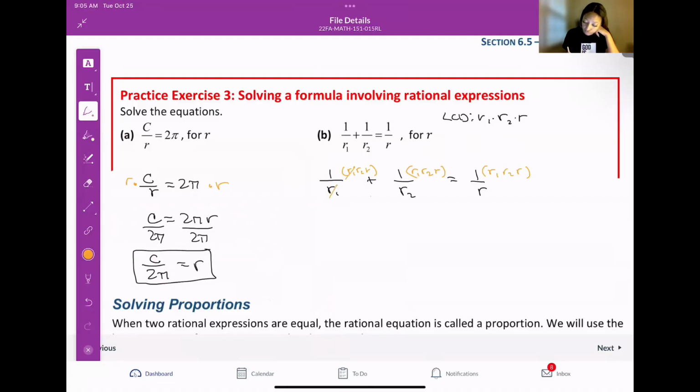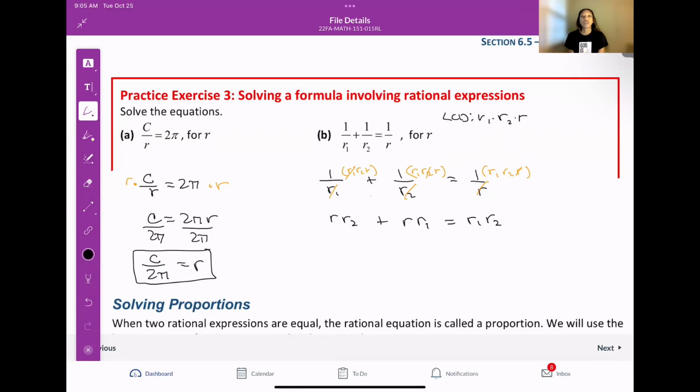The R1s cancel from the first one, the R2s cancel from the second one, and the R's cancel from the last one. So we'll be left with R times R2 plus R times R1 equals R1 times R2.